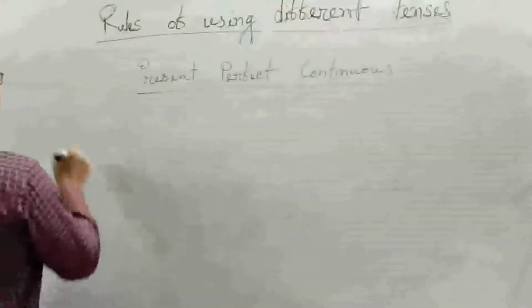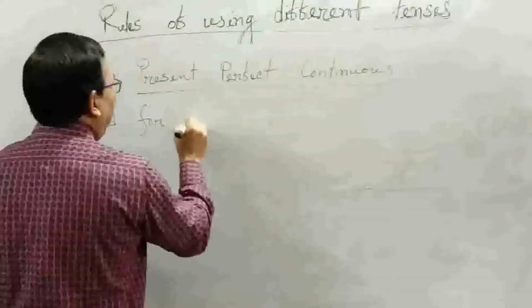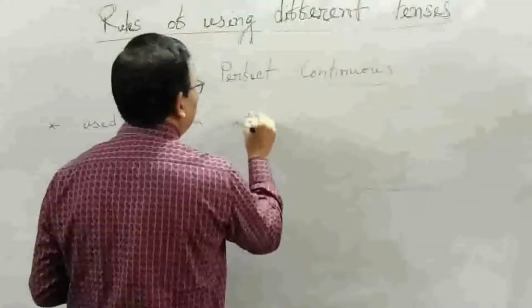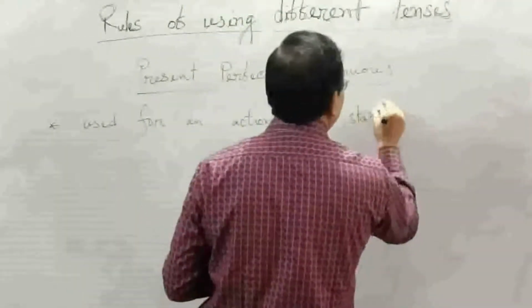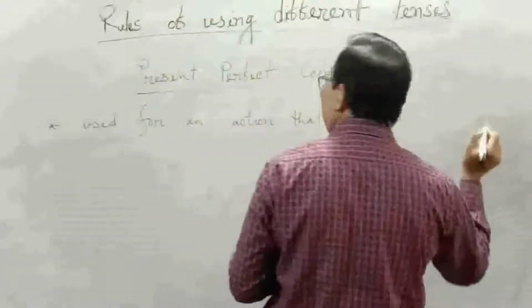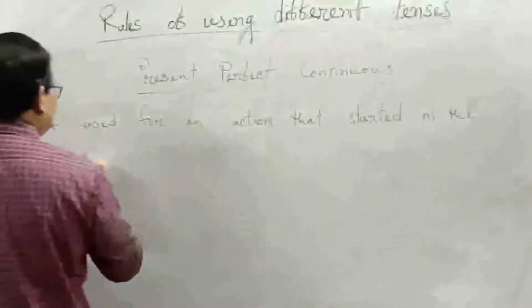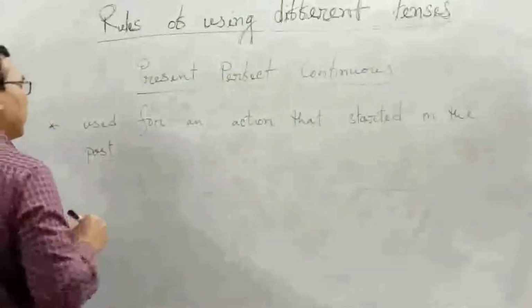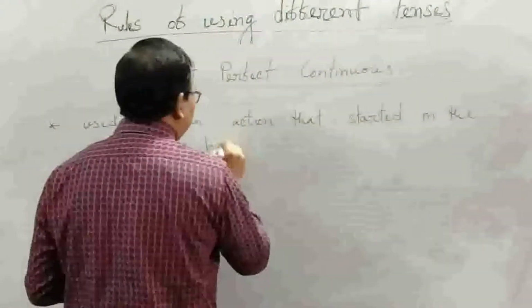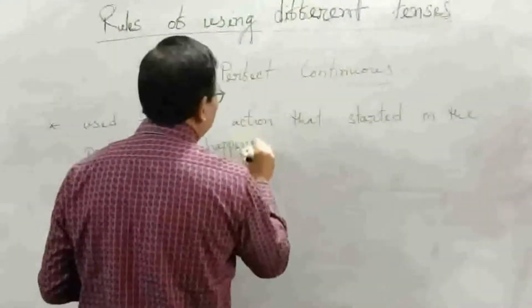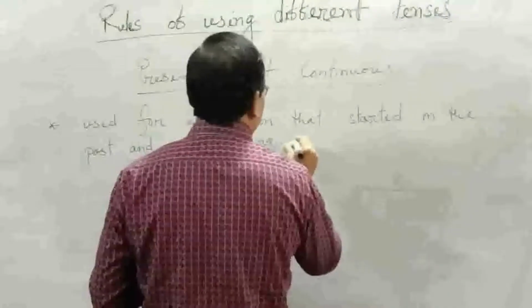Present perfect progressive or present perfect continuous tense is used for an action that started in the past and is still happening.